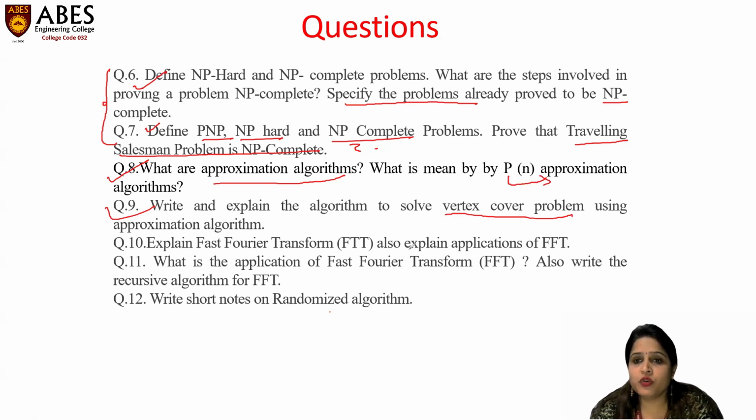It is an approximation ratio. What is the value of rho n here? It is the ratio of the cost of the exact solution and the cost of the optimal solution. So with the help of the vertex cover problem, you can explain both the approximation algorithm and approximation ratio in detail. We already discussed these topics in my lecture series.